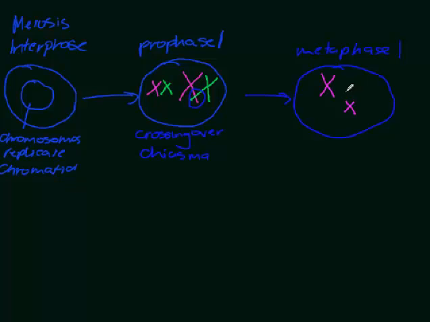We'll draw our green one. And what I've forgotten to put in here is that there has been a bit of crossing over occurring, a bit of exchange of genetic material. Now the importance of this exchange of genetic material is that it increases variation.